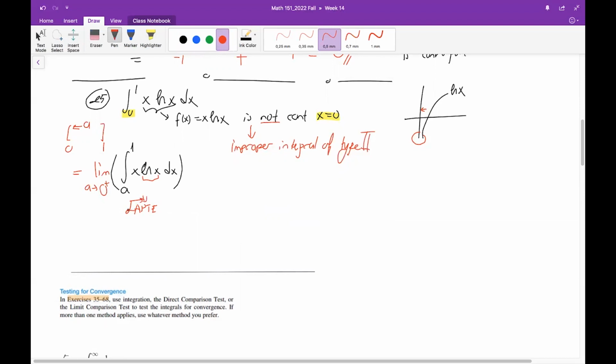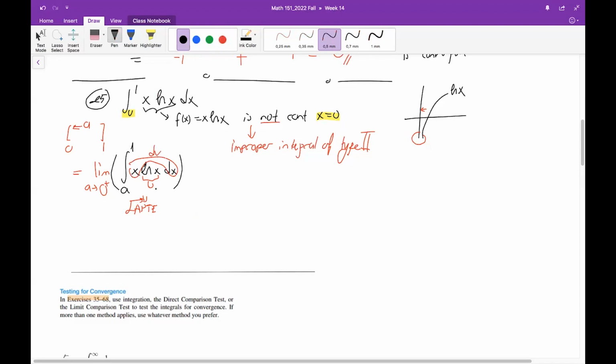L stands for logarithm functions, A stands for arctangent, arcsine, inverse trigonometric functions, P represents polynomial, T means trigonometric, E means exponential function. So whichever comes first, you choose that function as your u. So this part should be chosen as u, and the remaining part should be chosen as dv, right?